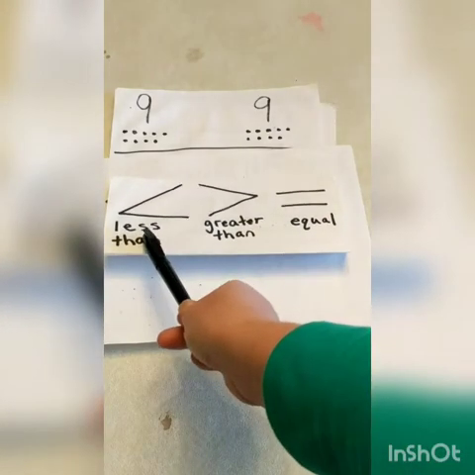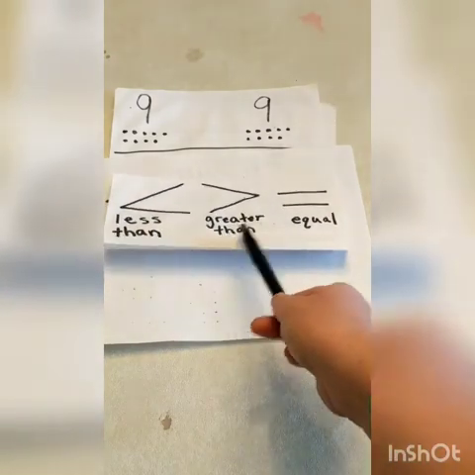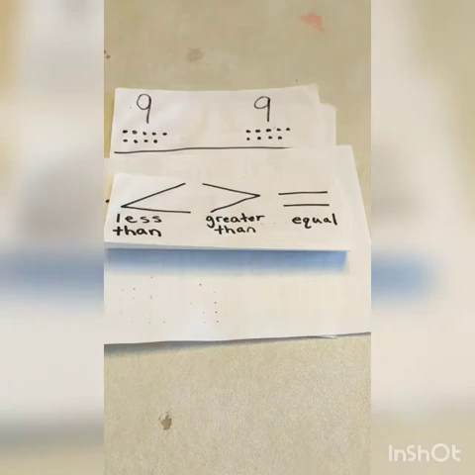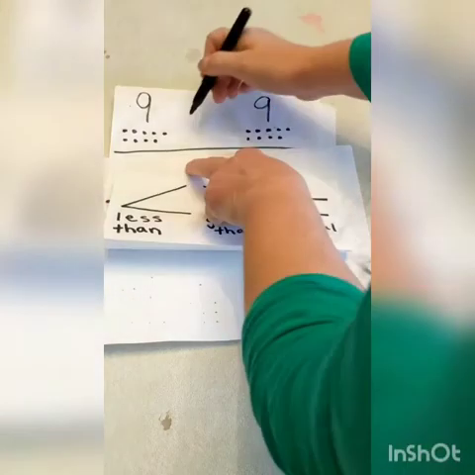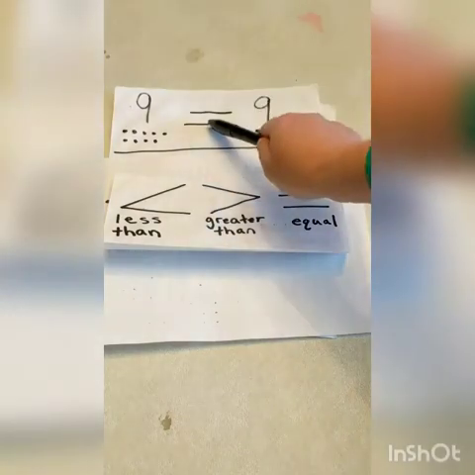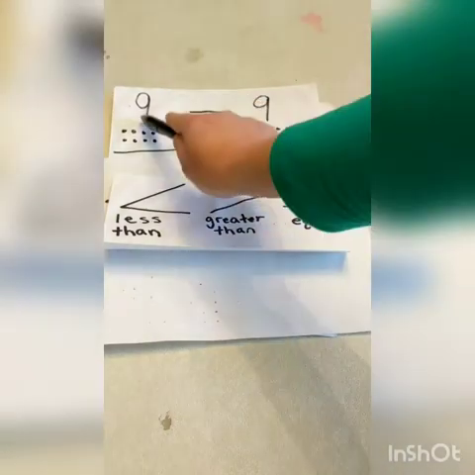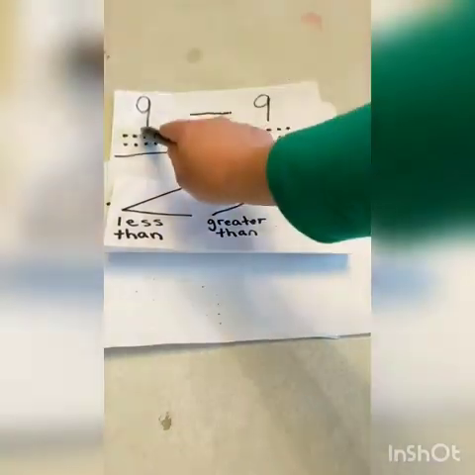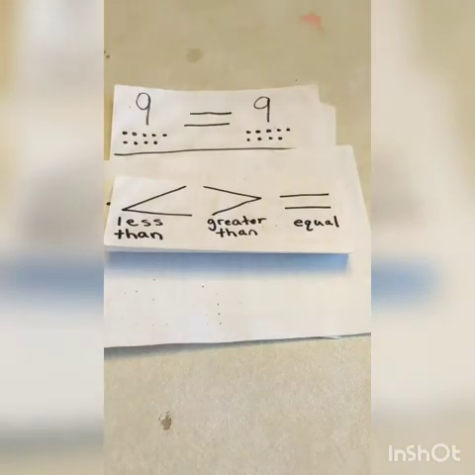Are we going to use the less than symbol, the greater than symbol, or the equal? Shout it out. If you said equal, you are correct. The number 9 is equal to the number 9. They are the same on either side, so they are equal. Good job.